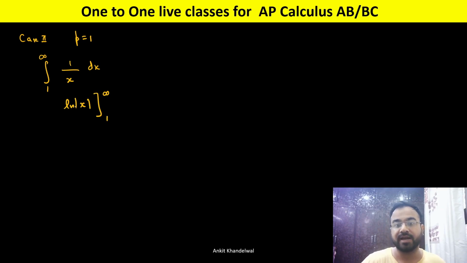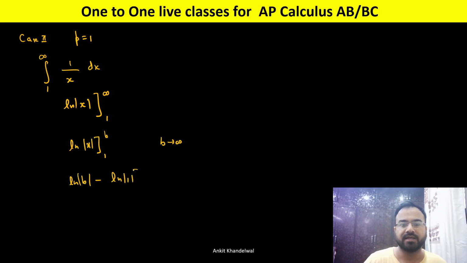Here we cannot directly put the infinity. How to solve it? Let's take the upper limit as b, so we can convert it like this, ln of mod x from 1 to b, and b goes toward infinity. So we'll say ln of mod b minus ln of 1, and we are applying the limit as b goes toward infinity.